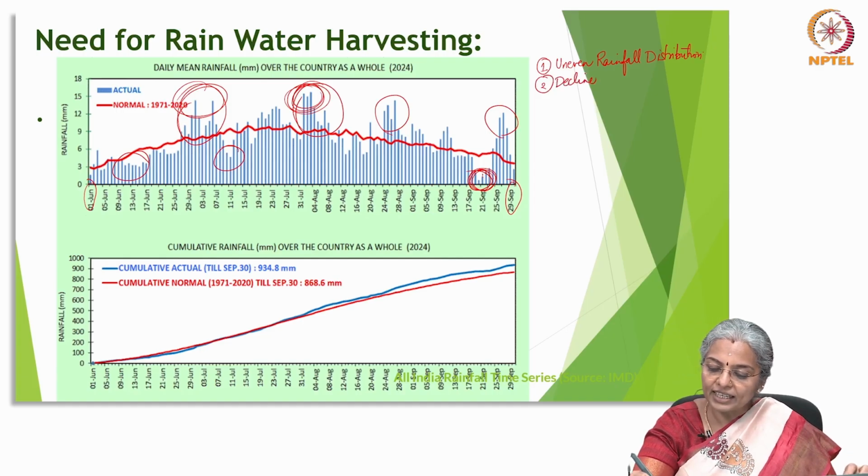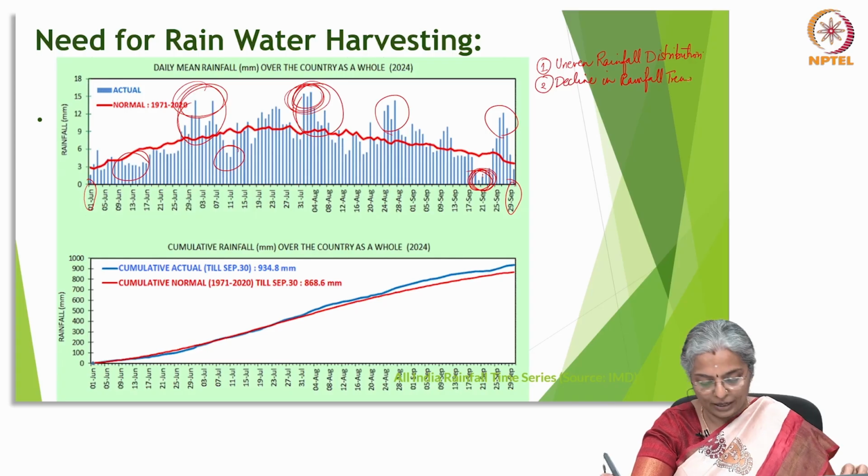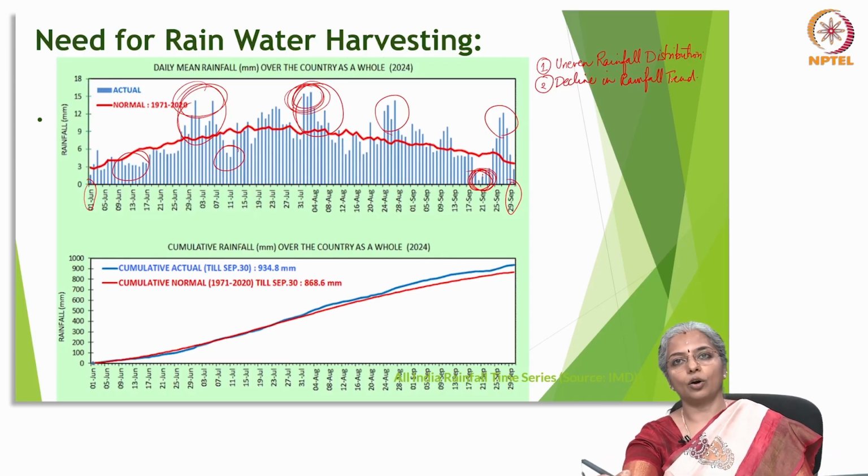Second is the declining normal rainfall trends. So, there is a decline in rainfall trends. The trend of rainfall is changing a lot.